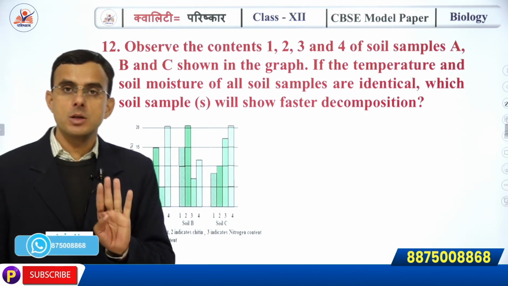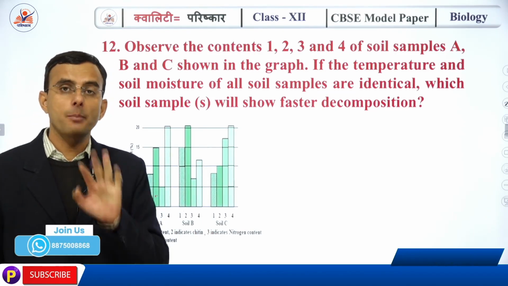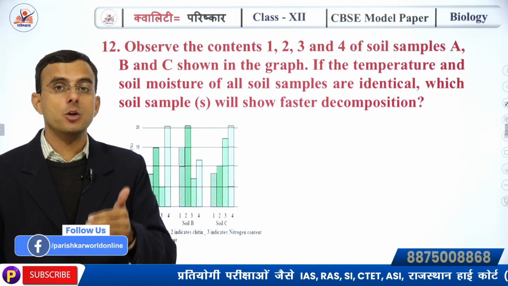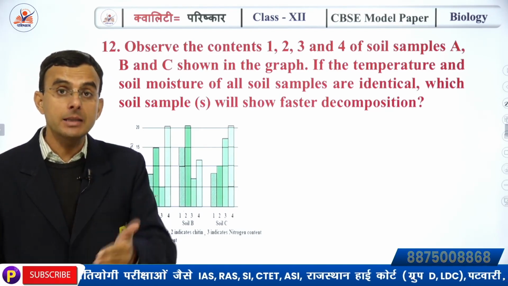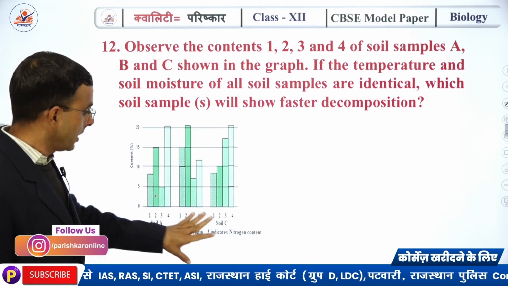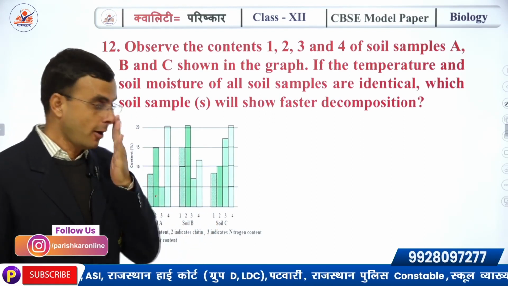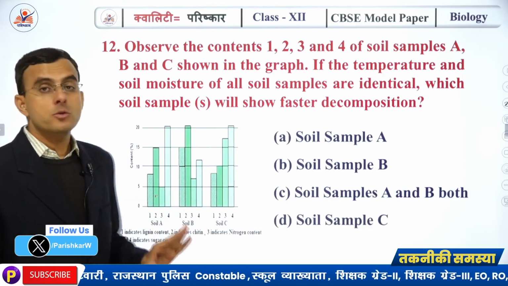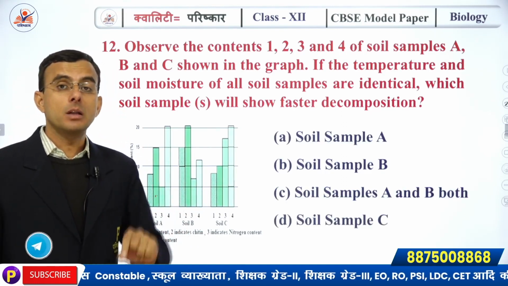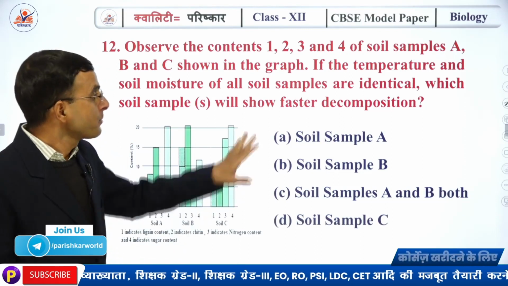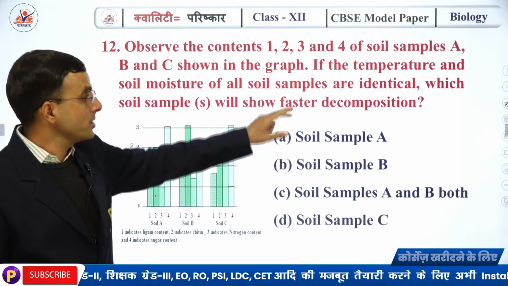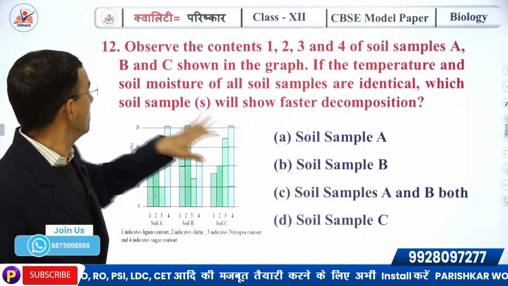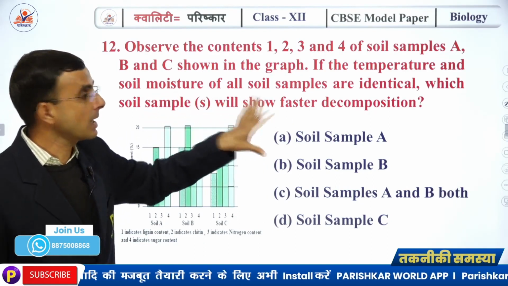There are 3 soil samples. In each soil sample, there are different concentrations of biomolecules. For the different biomolecules, which soil sample exhibits faster decomposition, if the temperature and soil moisture of the sample are identical?